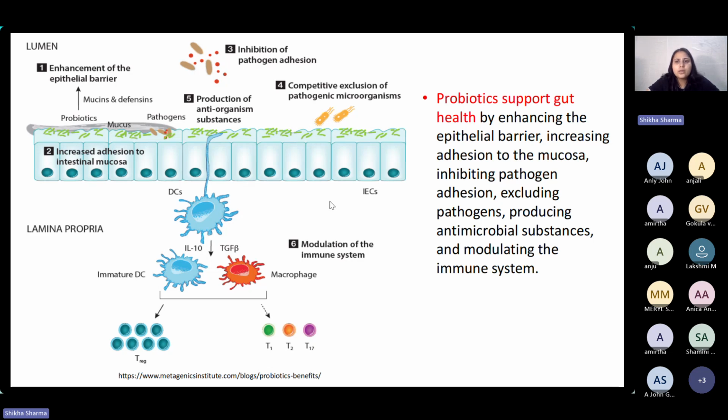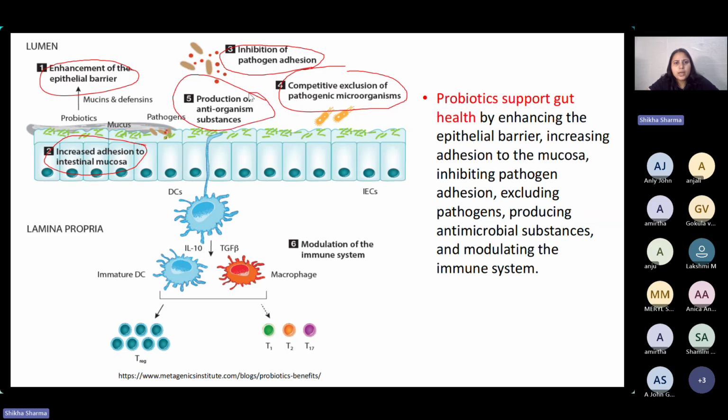Probiotics support gut health first by enhancing the epithelial barrier, by increasing adhesion to the intestinal mucosa and inhibiting pathogen adhesion, and then by excluding the pathogenic microorganisms through competitive exclusion.